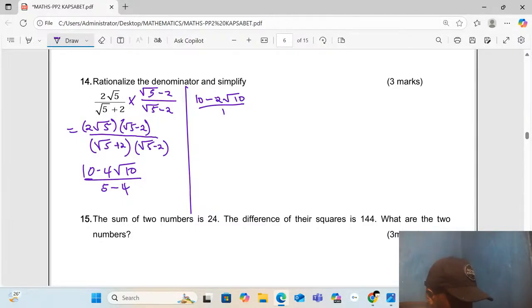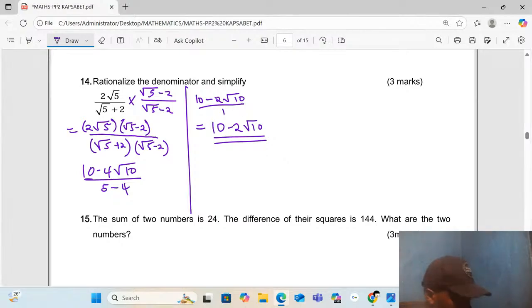Divide by 1, that means it remains 10 minus 4 root 5.